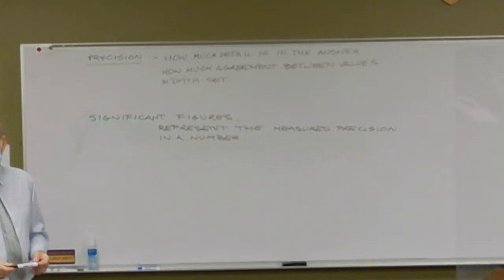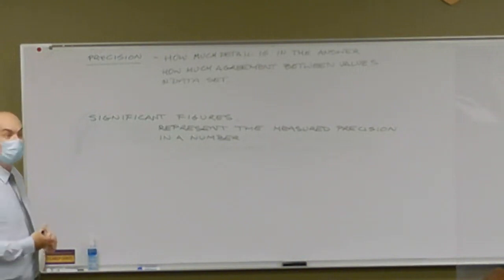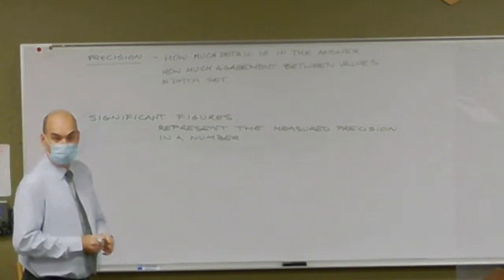What is it that makes significant figures feel like they're hard? You have to make a decision. What's the decision based around? The question is, do zeros count?